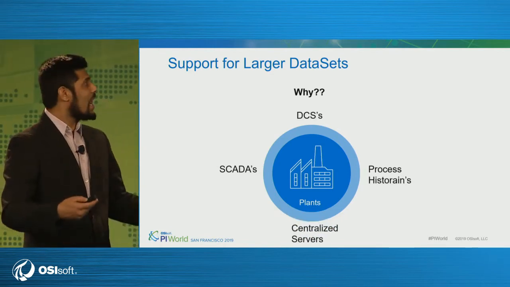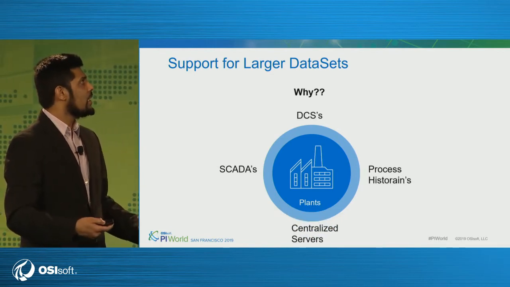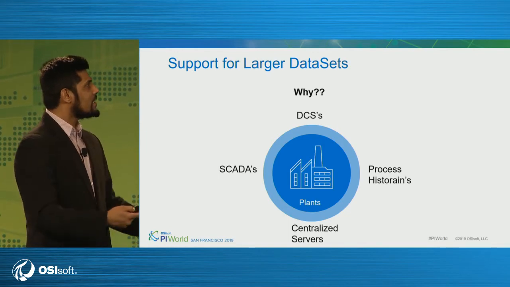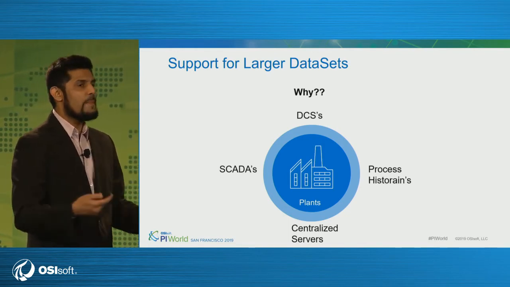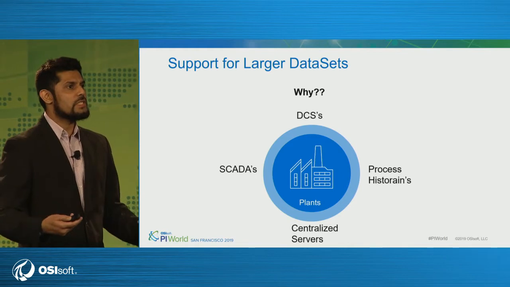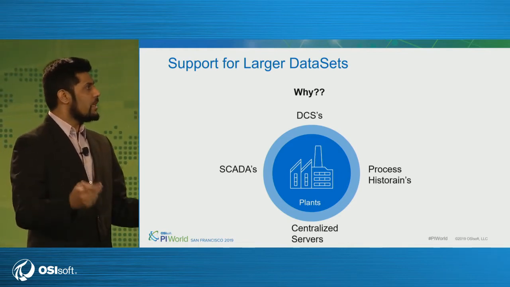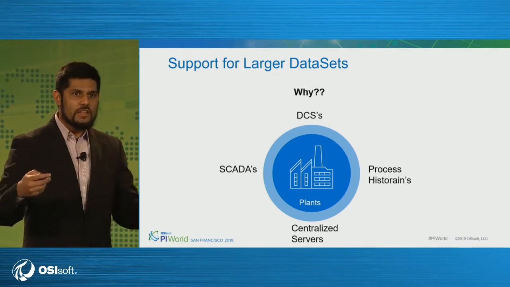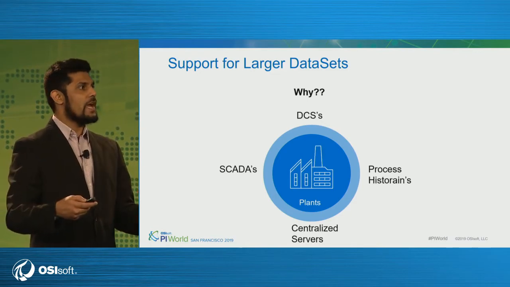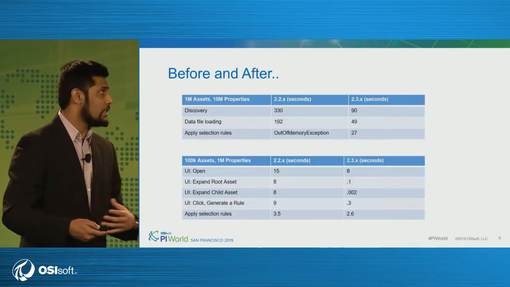And the kind of information these systems surface is massive. It surfaces several hundreds of thousands, at times millions of attributes. So the ability to handle all this information in an intuitive and convenient fashion is very important.